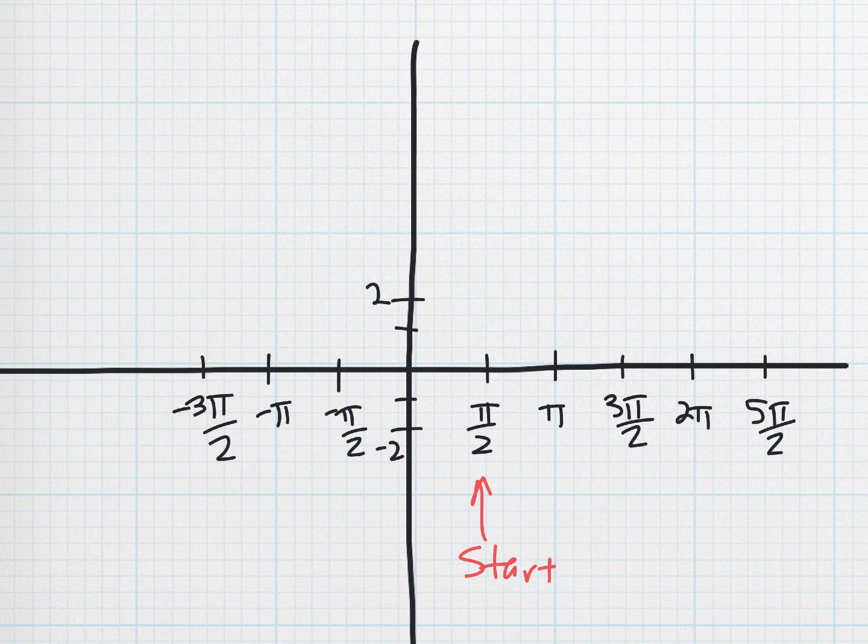So here, my starting point, sine graph always starts at 0. Now, because it's a negative sine graph, instead of going up first, I go down. So my next point is going to be down here at negative 2. And then from there, at 3 pi over 2, back to the axis. At 2 pi, I'm back up here, and then back to the axis.